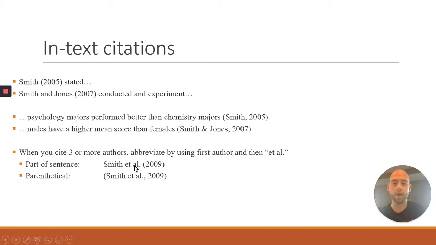So Smith et al. You'll notice there's a period after the al and nothing after the et. That means Smith and the rest, or Smith and colleagues, or Smith and co-authors. So there might be 3 authors here, there might be 7, there might be 54. It doesn't matter. You use this format if there's 3 or more authors.